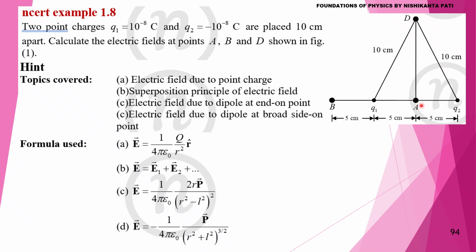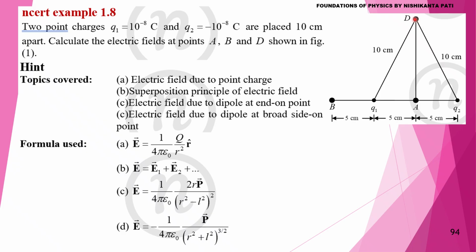So for A, we can solve in two ways. In one way, the electric field here due to Q1 and the electric field here due to Q2 are then added. So this is based on this formula, total field. At B, the electric field due to end-on situation.